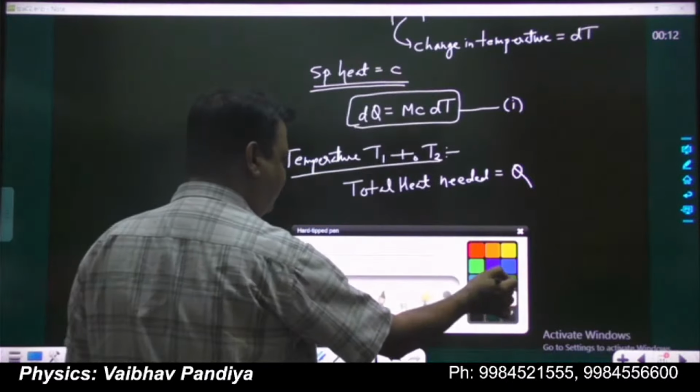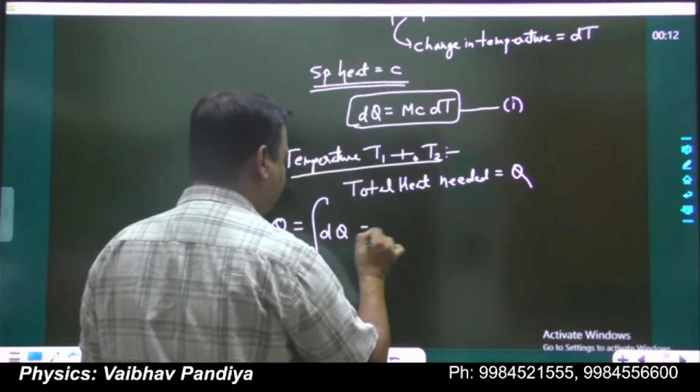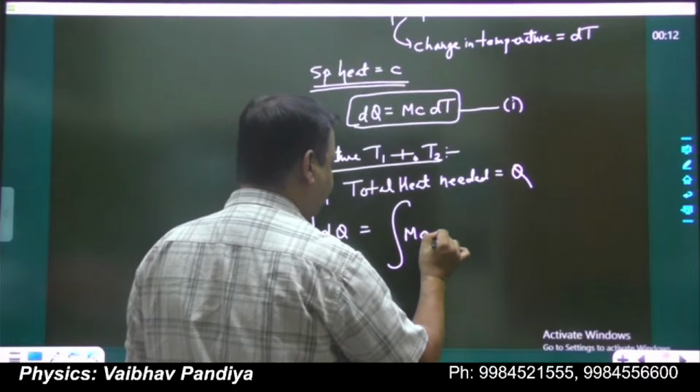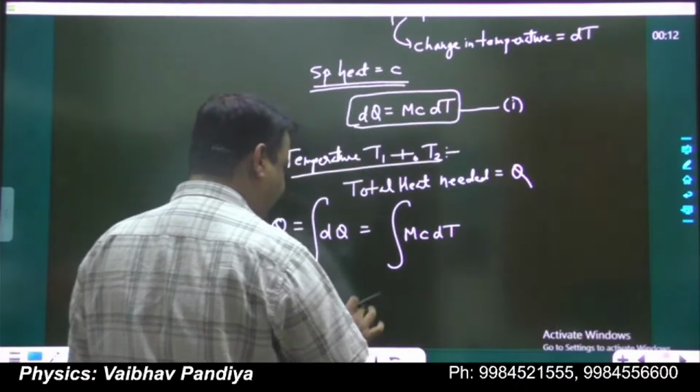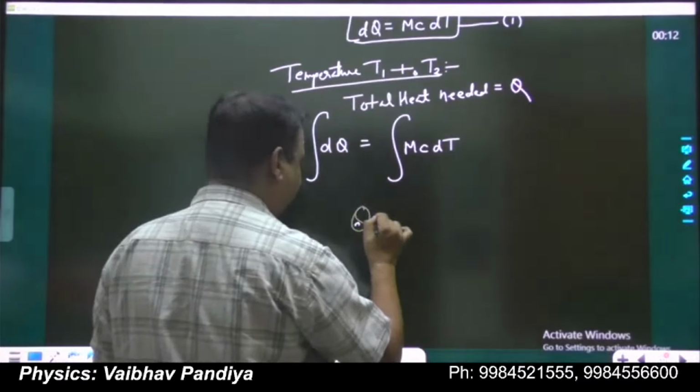Capital Q will be the summation of dq, and in the language of calculus, summation means integral. So it will be integral of m c dT. So this is the generalized formula for finding the heat given to the system.